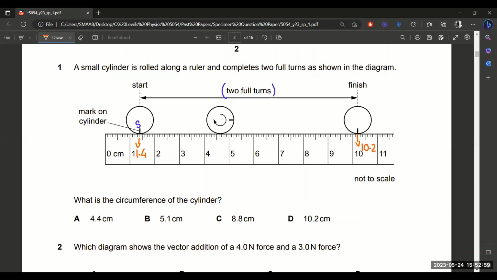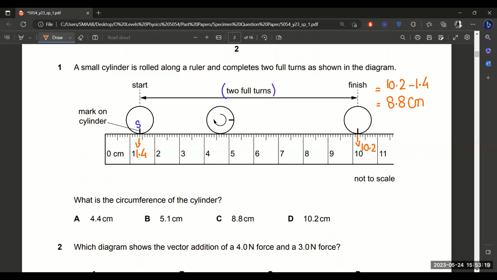So the change in length will be final minus initial, 10.2 minus 1.4, that will be equal to 8.8 centimeters. This is the total length covered by the cylinder during these two rotations on the ruler.